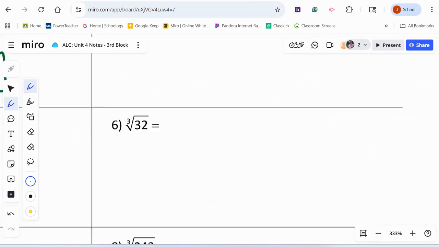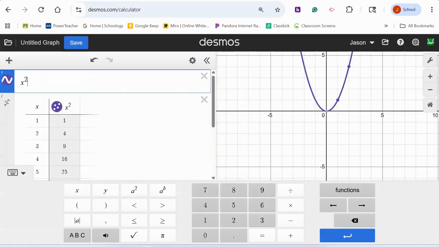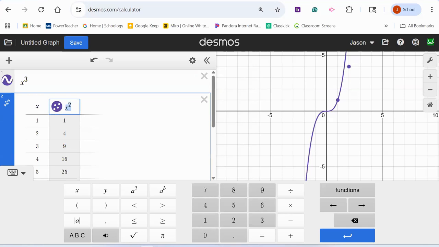We can apply this even in third roots, right? The only difference between a third root and a second root, a square root, guys, is we would need to change the exponent to match our root.